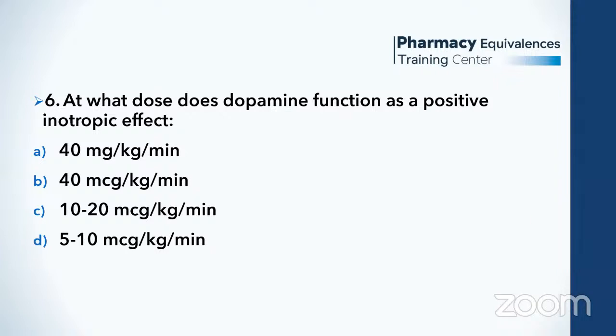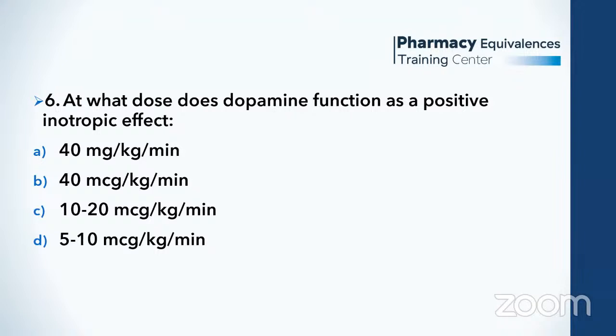Okay. So let's go back to this question. At which dose does dopamine function as a positive inotrope? Here we have 4 doses: 40 milligram per kg per minute, 40 microgram per kg per minute, 10 to 20 microgram per kg per minute, or 5 to 10 microgram per kg per minute.